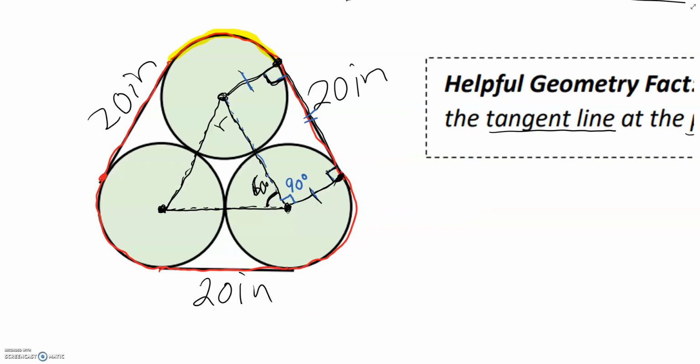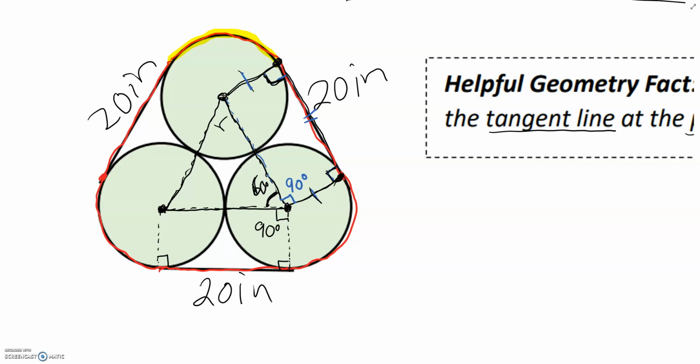Let's go ahead and take a look at this right here. If you think about this part down to here, this is a right angle. The radius is perpendicular to the line right there at the point of tangency. So this part right here is a right angle also. So this is 90 degrees, the same exact rectangle that you have seen on the other side.